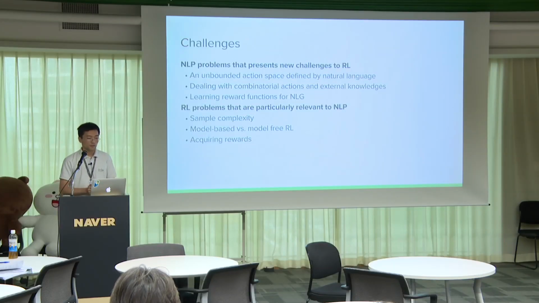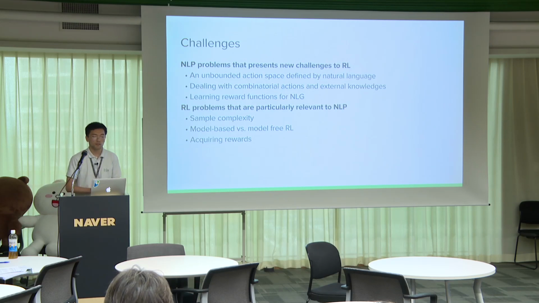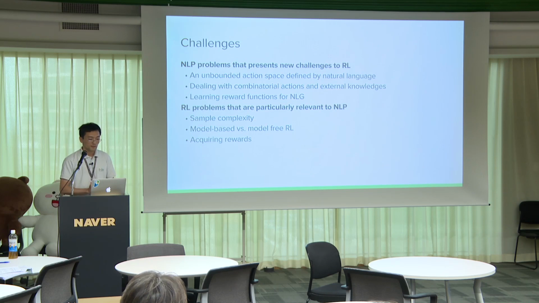And finally, they show some challenges of RL for NLP. The main challenge is that the action space defined by natural language is unbounded. And RL should deal with combinatorial actions and external knowledge.